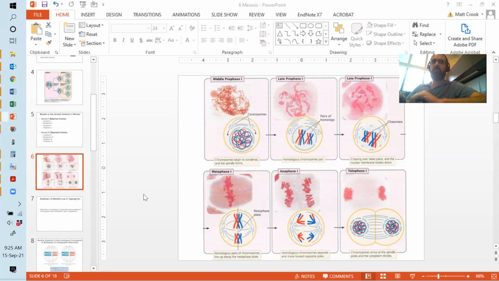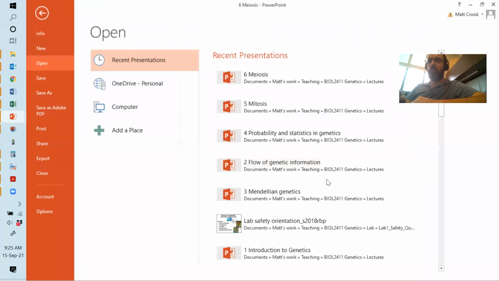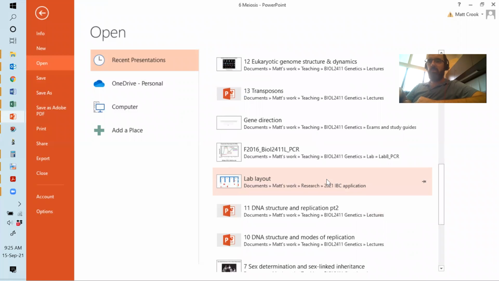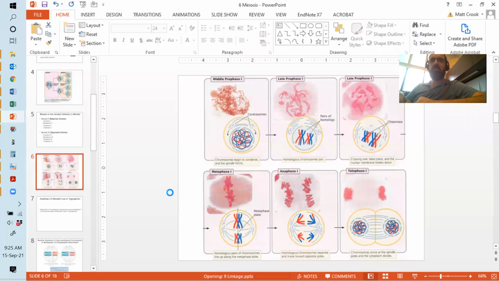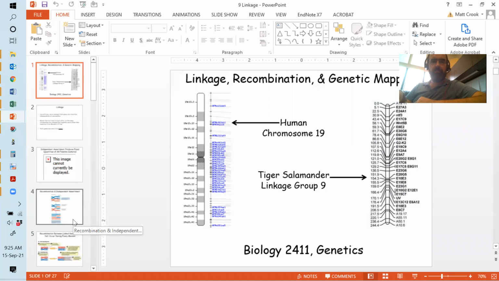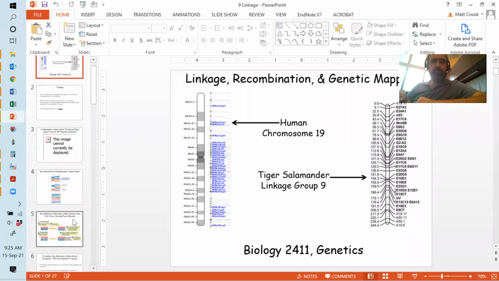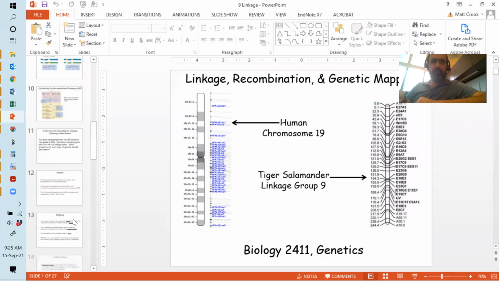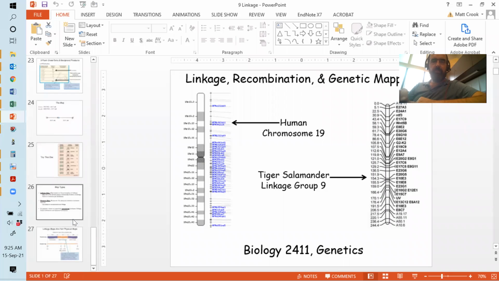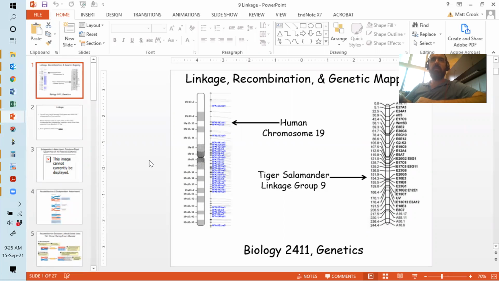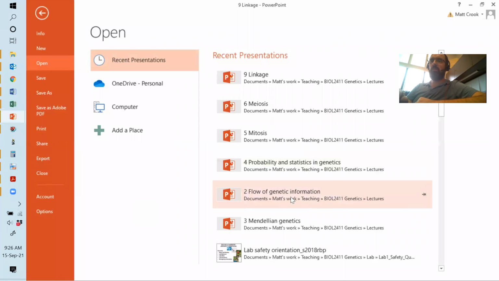Let me see if I can, actually it's always easier to use pictures. Where are we at? Is that in linkage? I think that's in linkage. Kind of a bit of a look ahead, but it's not in this one.